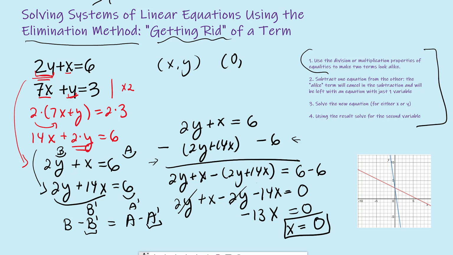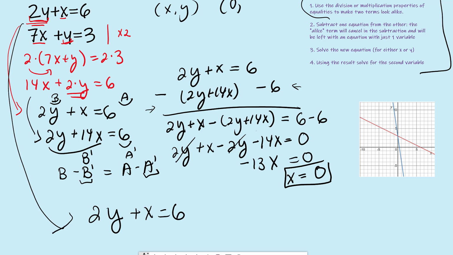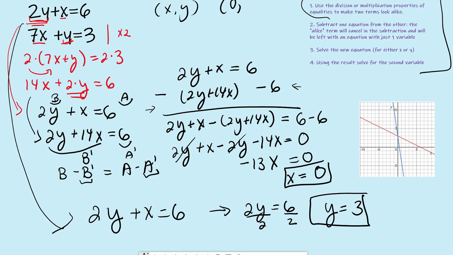Now we can take our second equation. Let's take our equation back down here again. We have 2y plus x equals 6, but our x is 0, so we get 2y equals 6. Let's divide both sides by 2, and so we get y equals 3. Okay, and so our result is 0, 3.